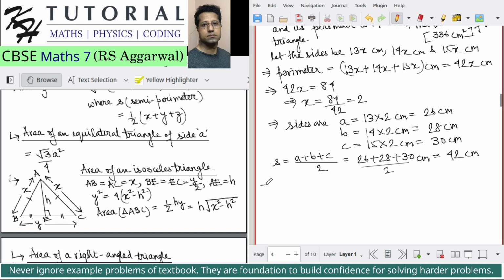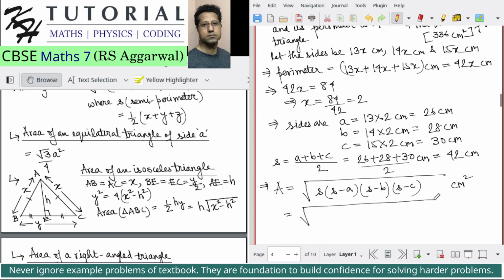This implies the area of the triangle will be the square root of S into S minus A, S minus B, S minus C, this much centimeter square, and this is equal to, S is 42, 42 minus 26, 42 minus 28, and 42 minus 30.